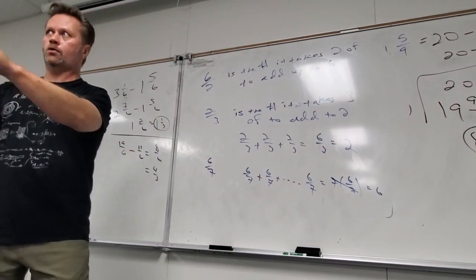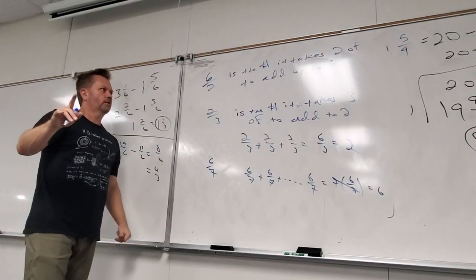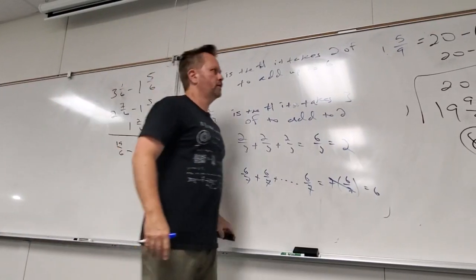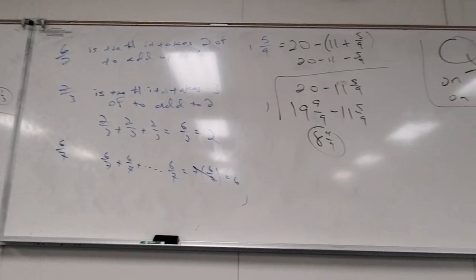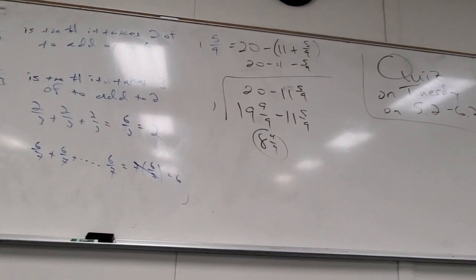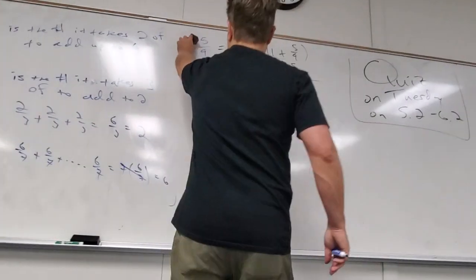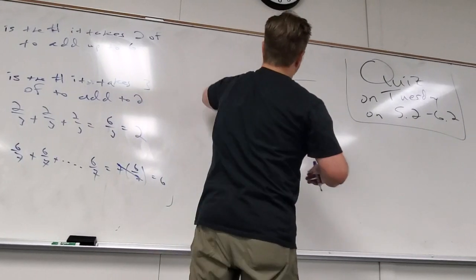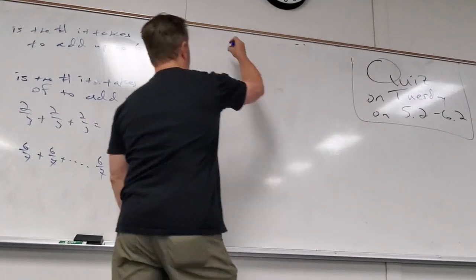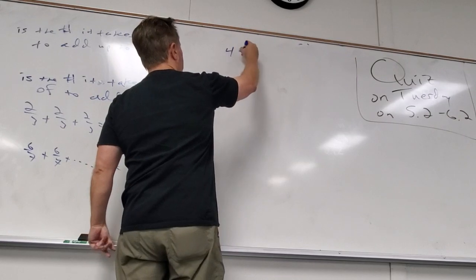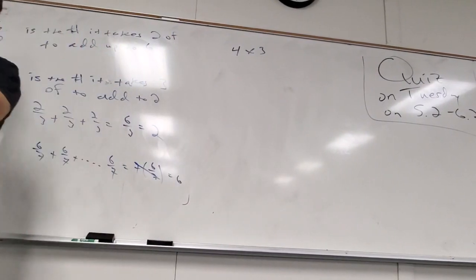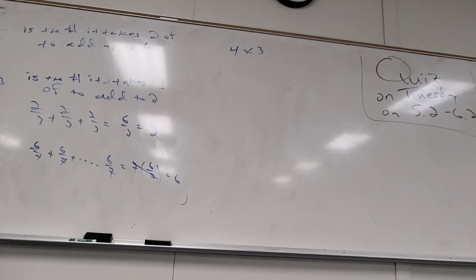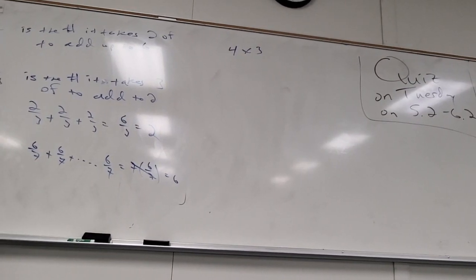Okay, so let me see if you can remind me, what was the first visual way we looked at just multiplying whole numbers? So one of the first ways we looked at doing 4 times 3, for example. Visually. Yeah.